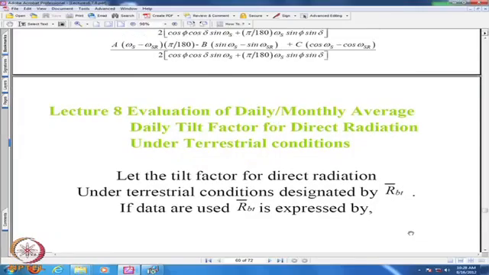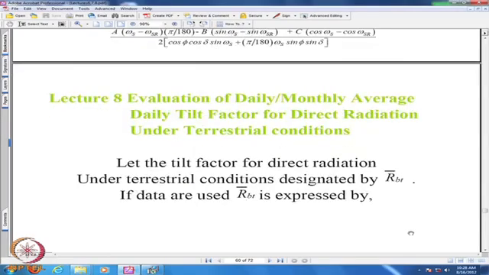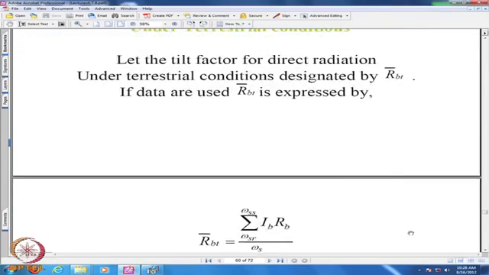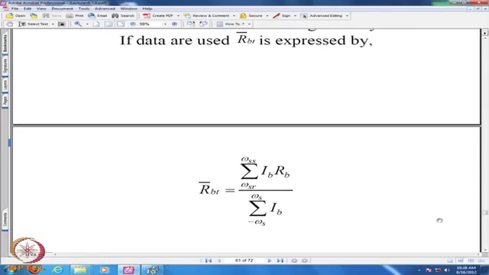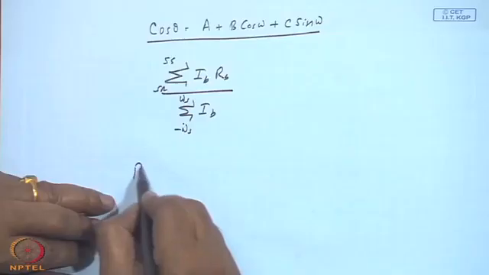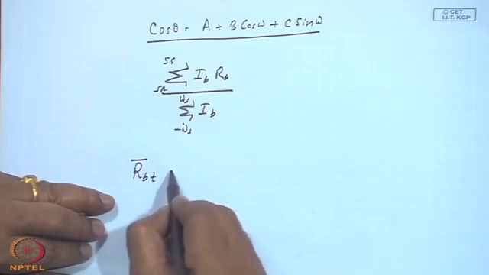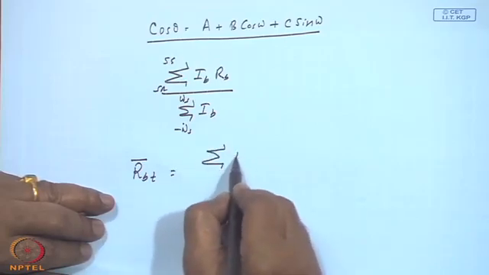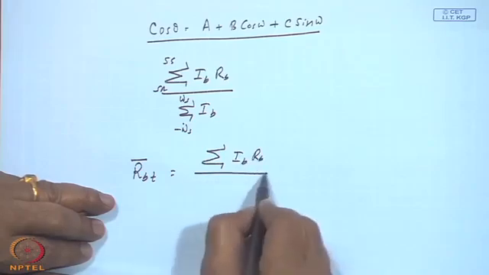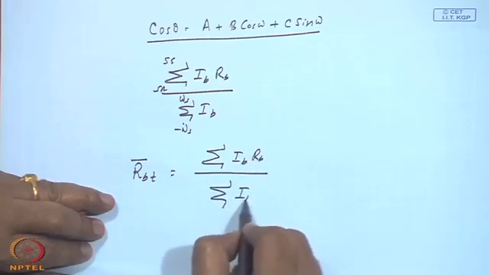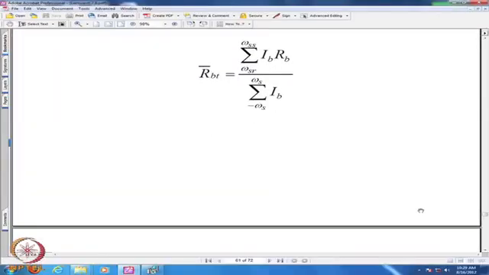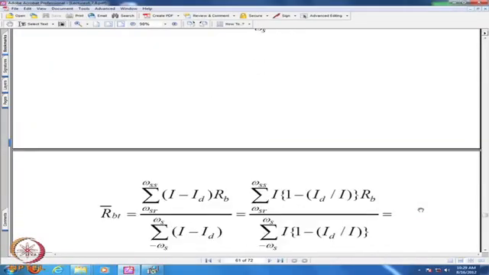But the difficulty is calculating 12 calculations or so, and then further you need the data. So, if I use it for the terrestrial conditions, I am designating it with R b bar t, which will depend upon the, of course, I b R b by sigma I b. These are either data values, or we will see what simplification can be made.